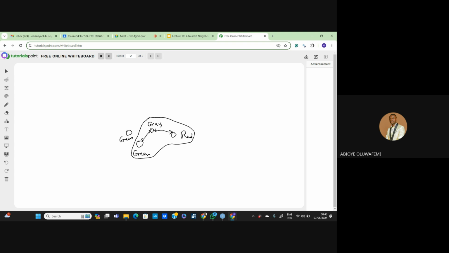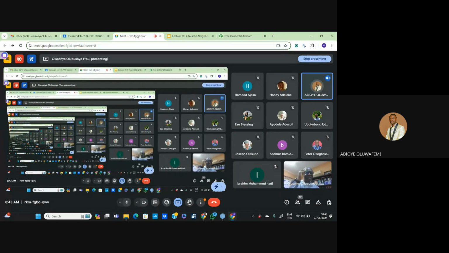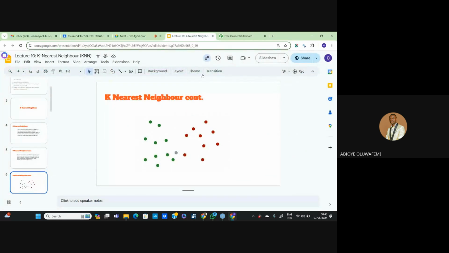If we assume a distance, we can now use that distance as a radius to form a circle using the gray color as the center of that circle. By the time we have that circle, we'll be able to capture a reasonable number of both the red and the green color. So from there we can now know those colors that are closer to the gray color, if we now measure the distance, sir.